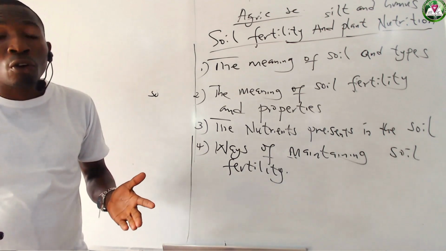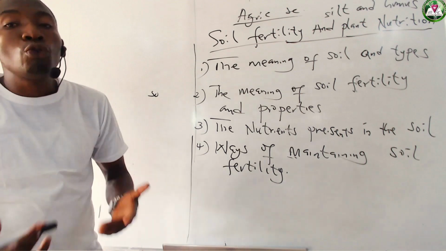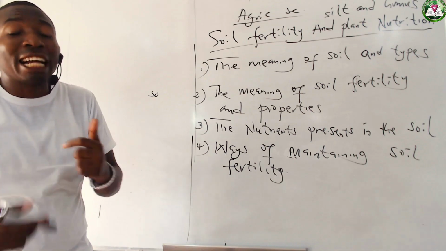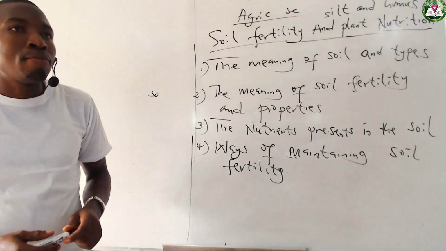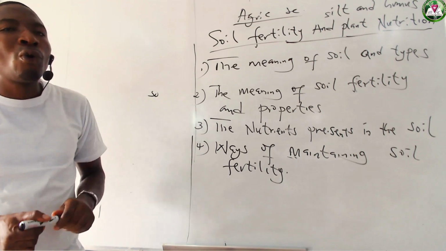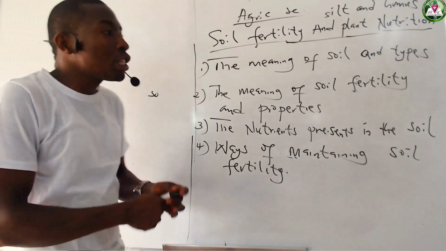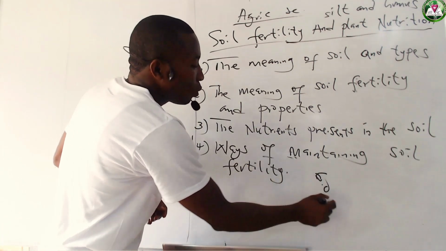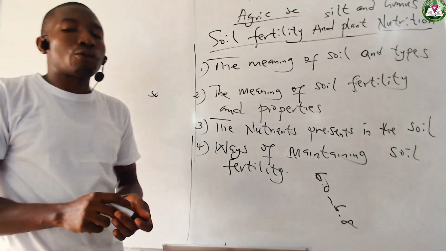Now finally, a fertile soil has a pH level between the range of 6.0 to 6.8. So these are the four major properties of soil fertility.